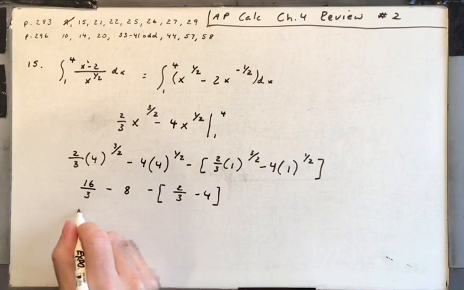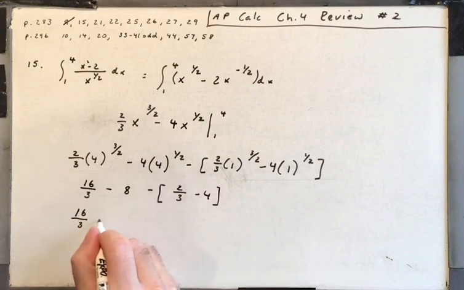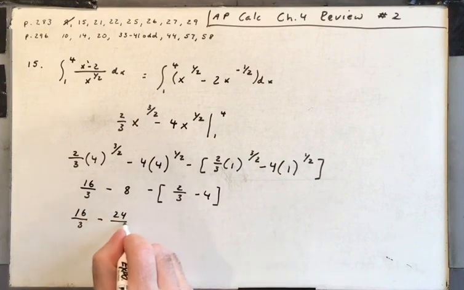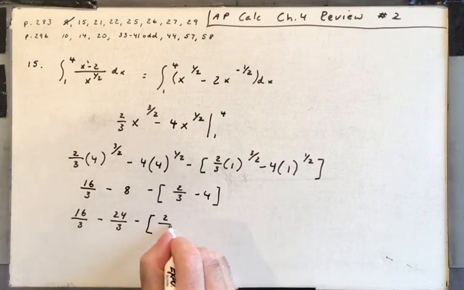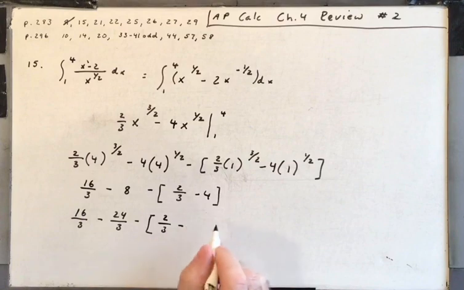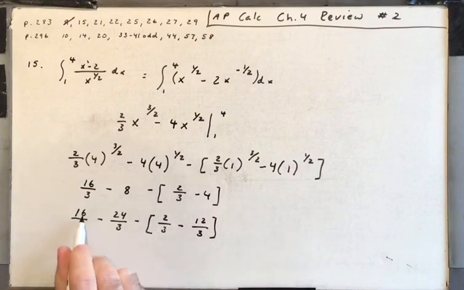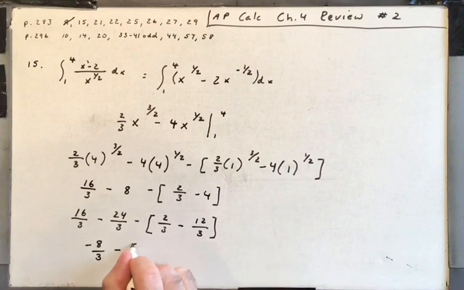Let's put everything in thirds. 16/3 minus 24/3, that's the 8, minus 2/3 minus 12/3. Good googly moogly. Negative 8/3 minus 2/3 minus 12/3, negative 10/3.